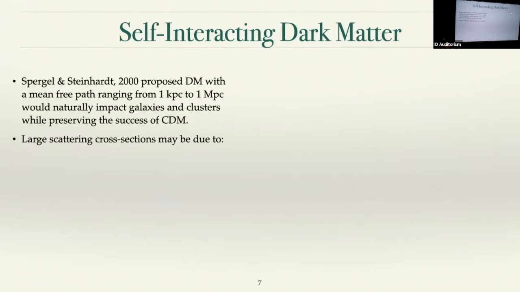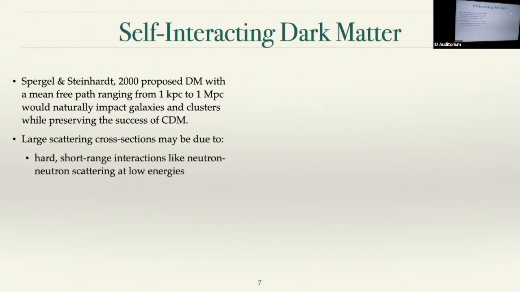The cross sections that they proposed were somewhere between 10 to the -1 to 10 to the 2 centimeters squared per gram, where a centimeter squared per gram is approximately a barn per GeV. That's similar to neutron-neutron scattering. And so you can get this from hard short-range interactions like neutron-neutron scatterings at low energies.